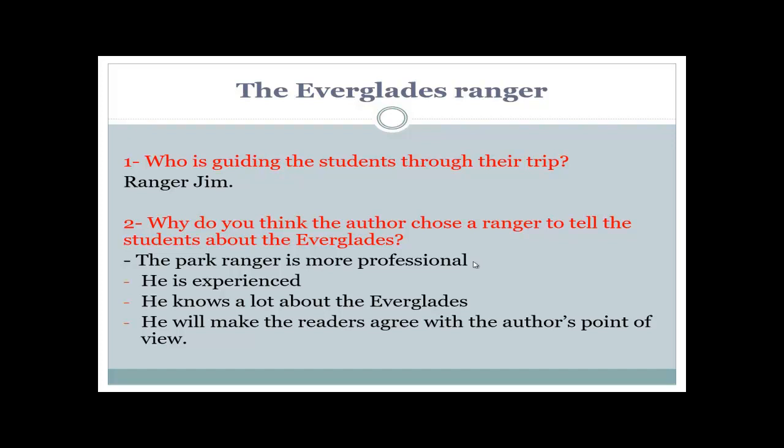Why not anyone else? The park ranger is more professional, he is experienced, he knows all about the Everglades. He will make the readers, and the students as well, agree with the author's point of view. So the park ranger is the best one to tell the students and the readers about the Everglades.